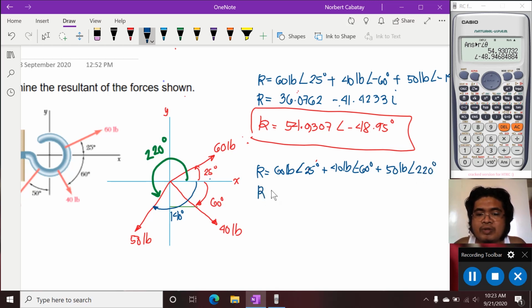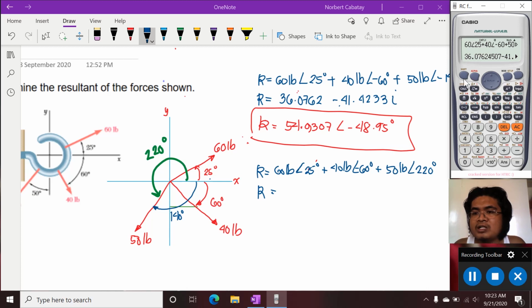Pressing that in the calculator, we have 60 angle 25 plus 40 angle negative 60 plus 50 angle 220. You must come up with the same answer.